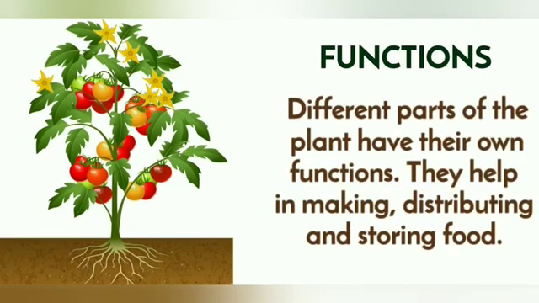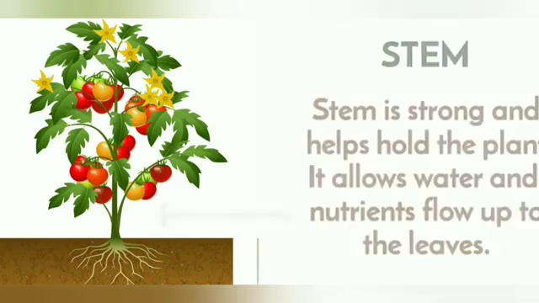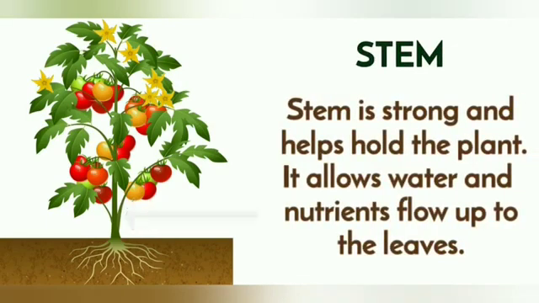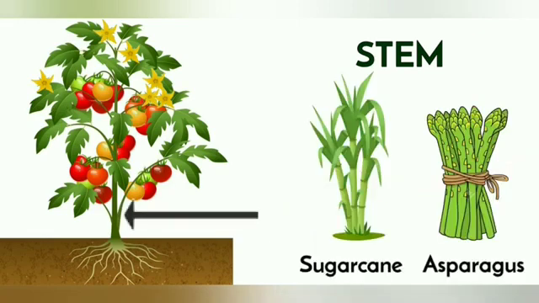They help in making, distributing, and storing food. Stem is strong and helps hold the plant. It allows water and nutrients to flow up to the leaves. Some examples of stem we eat are sugarcane and asparagus.